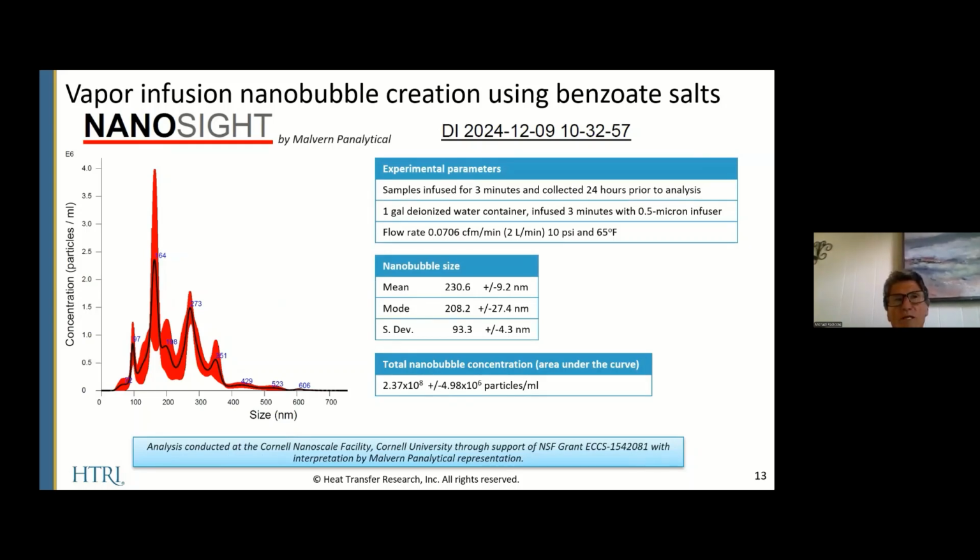So both of those chemical treatments, along with others, we've been able to show that we can create nanobubbles that have sustainability. They will stay in solution for upwards of 3 or 4 days after infusion, and possibly longer. We just haven't looked at the total persistence time. So being able to use this technology in an environment whereby a recirculating system is in play, we'd be able to create a relatively high nanobubble presence within that fluid.